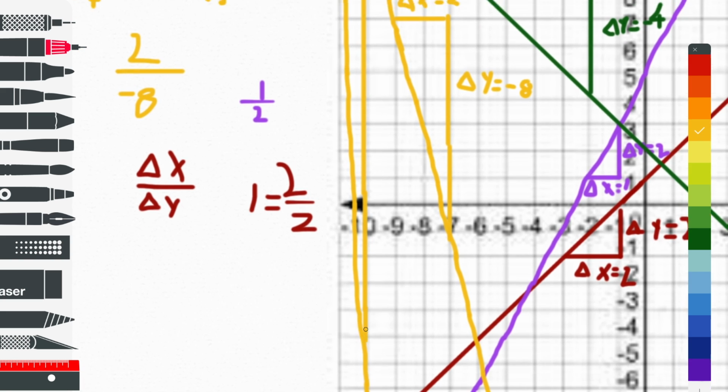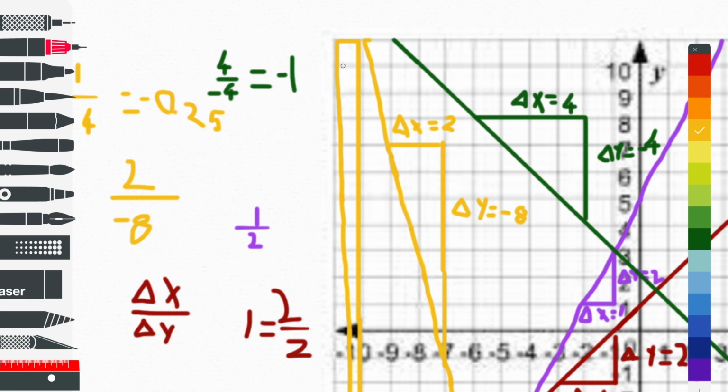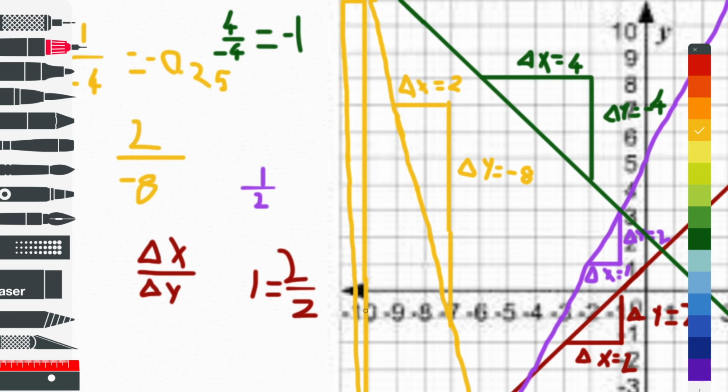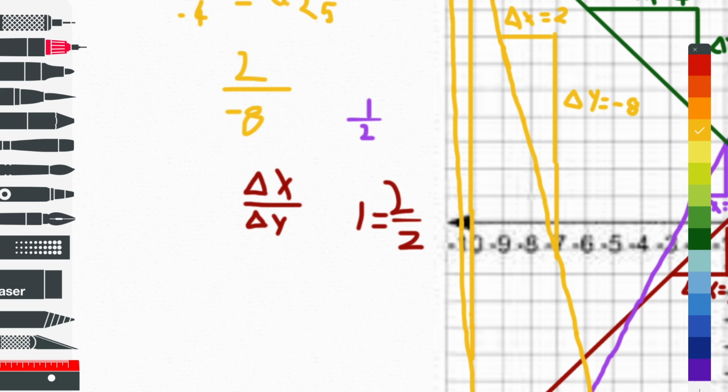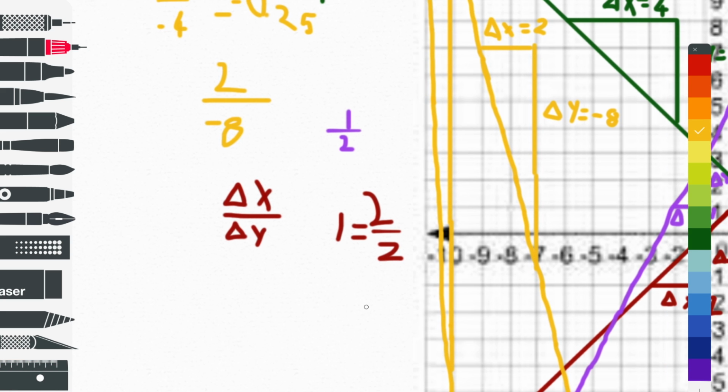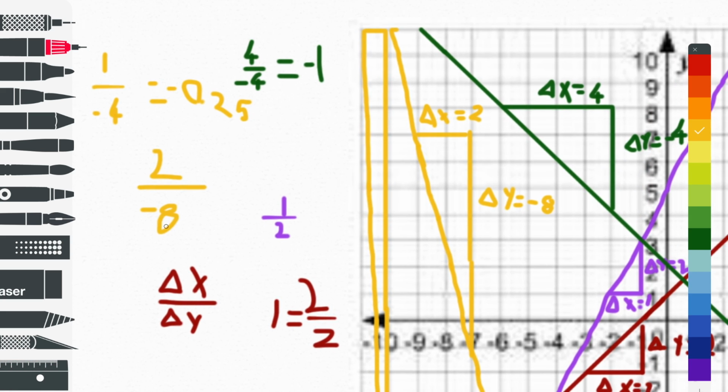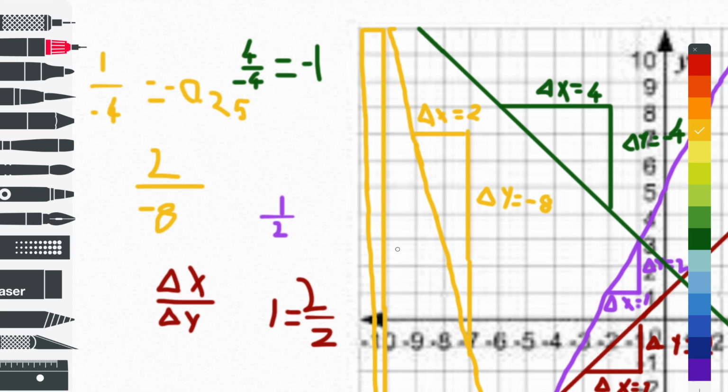Okay, there. That's the slope. So 1, 2, 3, 4, 5, 6, 7, 8, 9, 10, 11, 12, 13, 14, 15, 16. Let's do the change in y first.